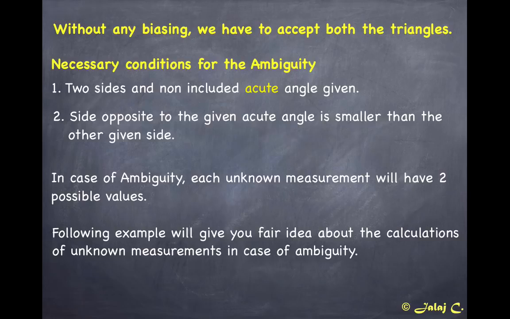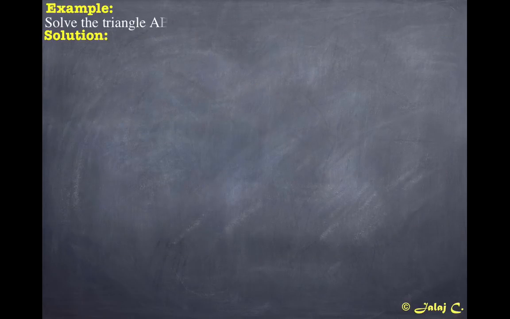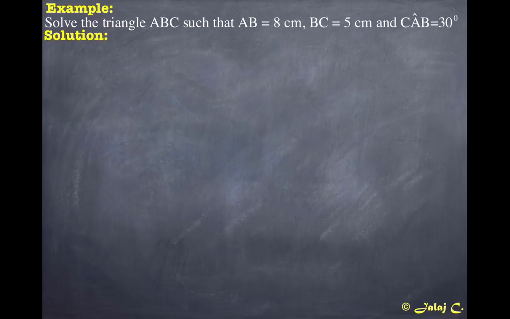Let's look at this example which will give you a fair idea of calculating unknown measurements. We take the same example which we used before. Now we say, solve the triangle. Solve the triangle ABC where AB is 8, BC is 5 and angle A is 30 degrees.